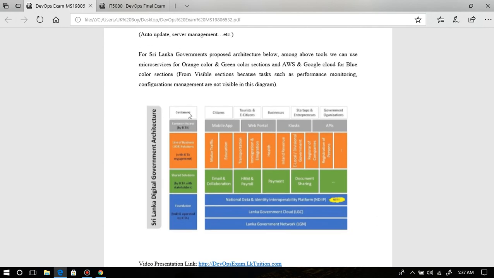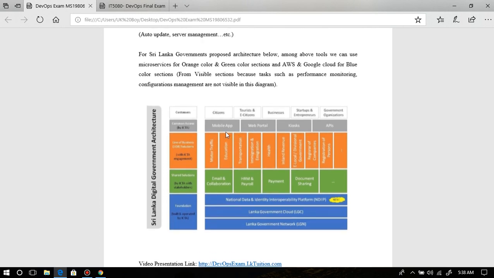Here, I have added the architecture of the proposed system, the proposed Sri Lanka digital government architecture diagram.